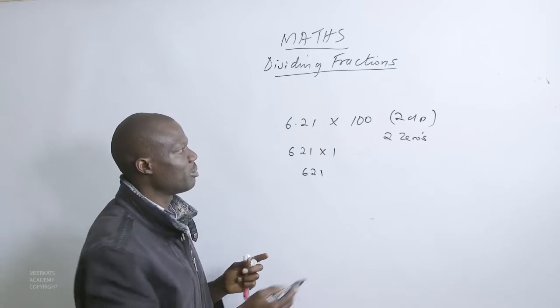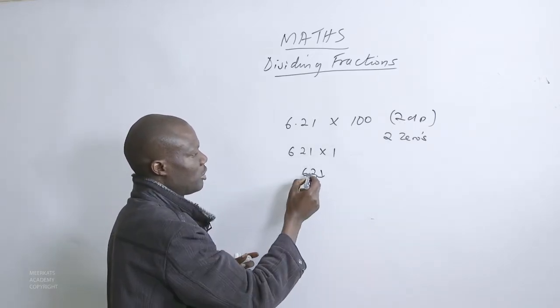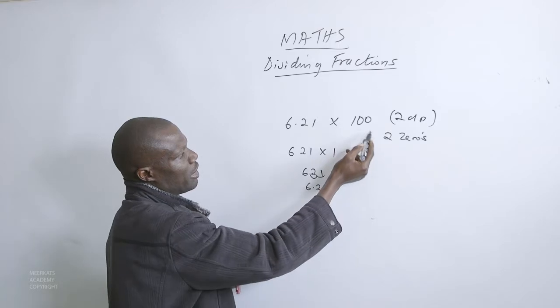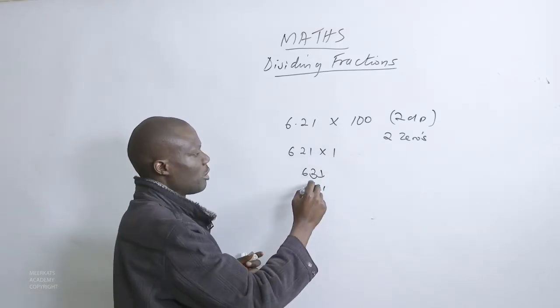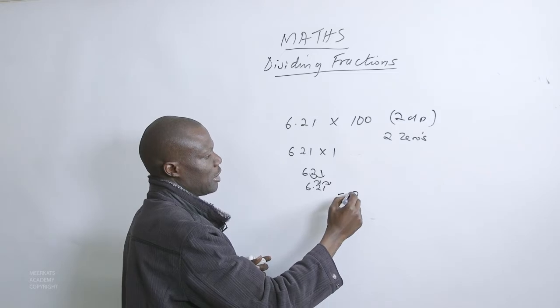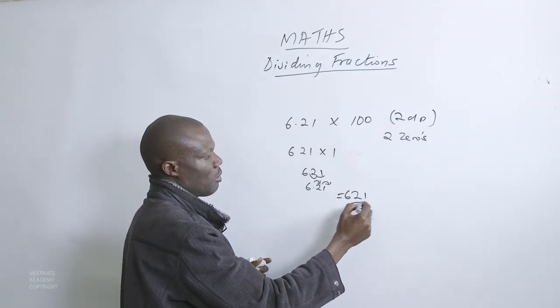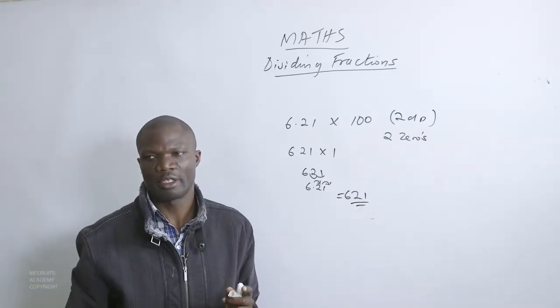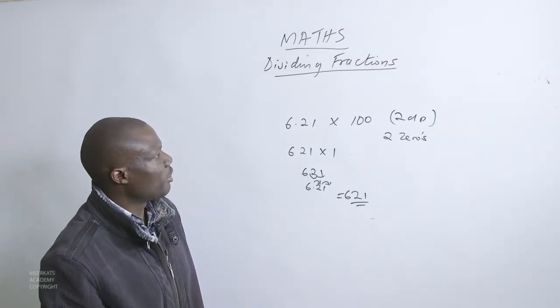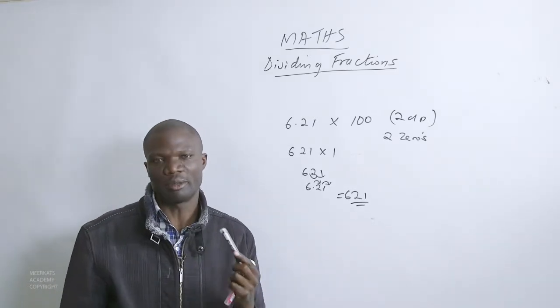Bring in the number of decimals. There were 2, so we count 1, 2, so it's 6.21 when you multiply, but when you now bring in the 2 zeros that you left out, we shall move to the right 2 times, so we get the answer as 621. So that is about when we are multiplying decimals.